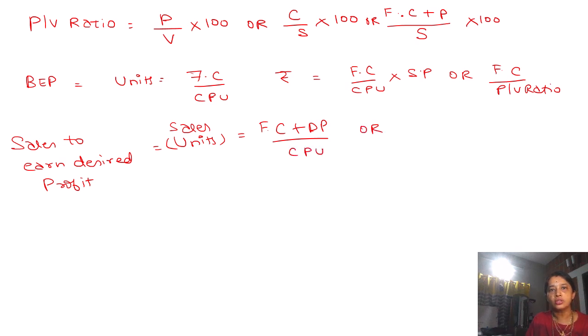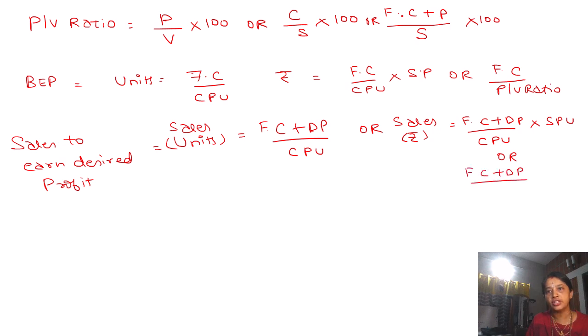Or if you want sales in rupees, then fixed cost plus desired profit divided by contribution per unit into selling price per unit, or fixed cost plus desired profit divided by PV ratio. So this is sales to earn desired profit.